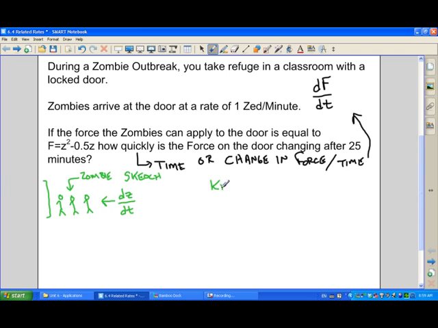And we know dz by dt is equal to 1 zombie a minute. We also know that our equation for force that the zombies are exerting on the door is equal to z squared minus 0.5 z. We need to find the change in force with respect to time, df by dt.